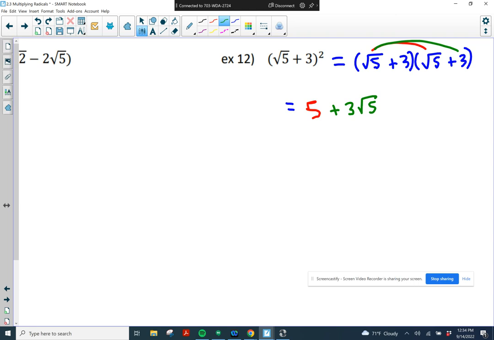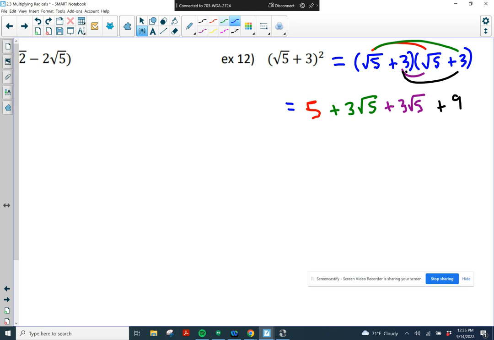It's like doing 3x, 3 times x. 3 doesn't get to go underneath the radical. Okay, next one. I'm going to now move to the 3 and let it multiply. So there's another 3 times radical 5. And then lastly, we're going to do 3 times 3, which is 9. So we get a plus 9 back here.